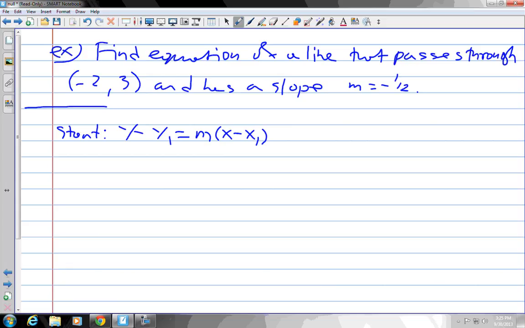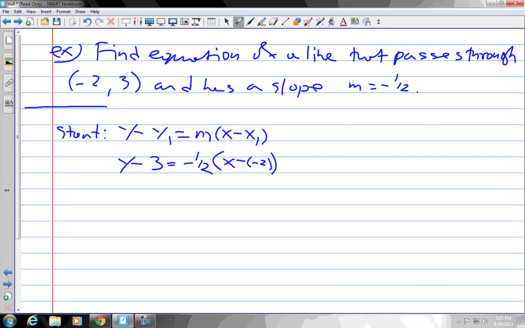So I can just plug everything in. I can plug in 3 for y1, negative 1/2 for m, and negative 2 for x1. So this is the setup. Is that all right? Do you see where all those numbers came from?